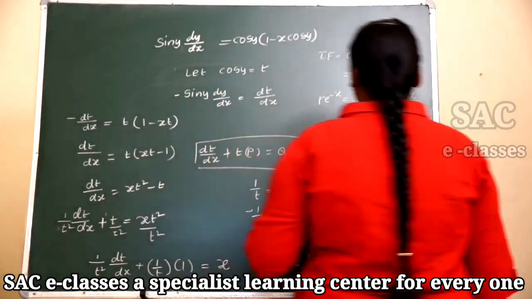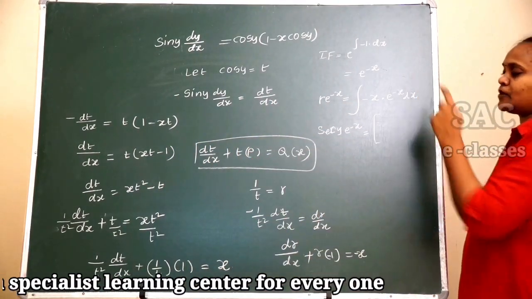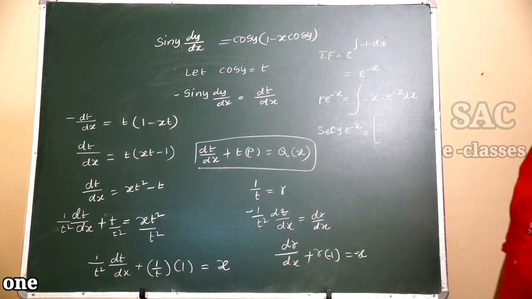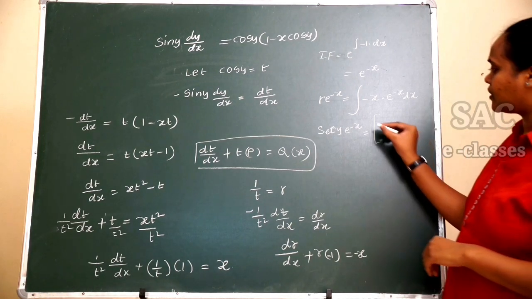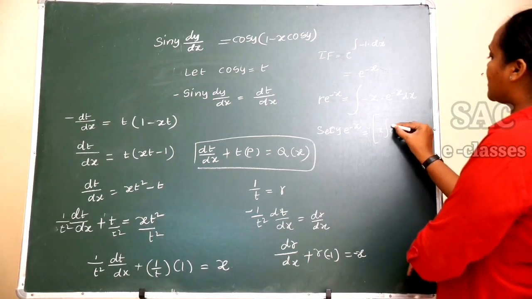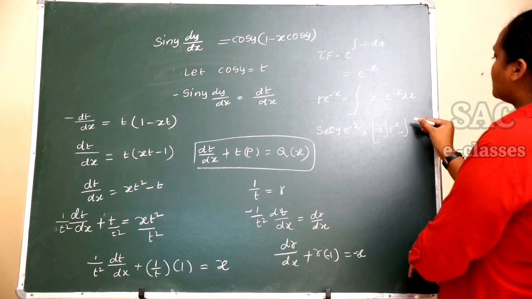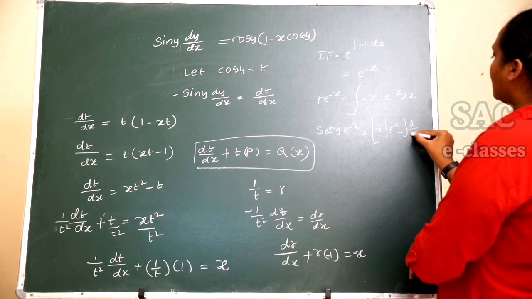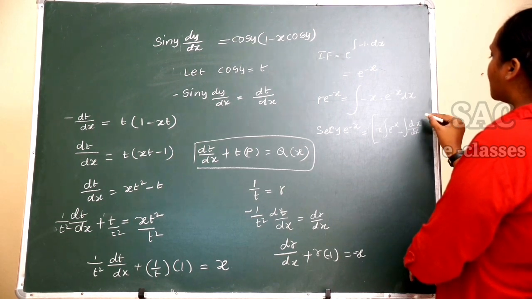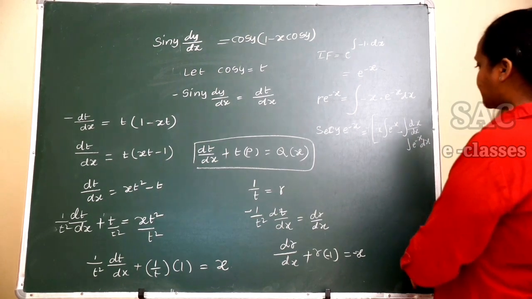When we integrate x into e power minus x, we have to use the integration by parts formula: minus x into the integration of e power minus x, minus the integration of dx by dx times the integration of e power minus x dx.